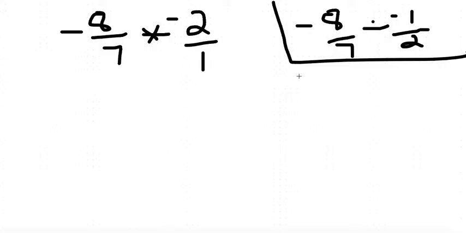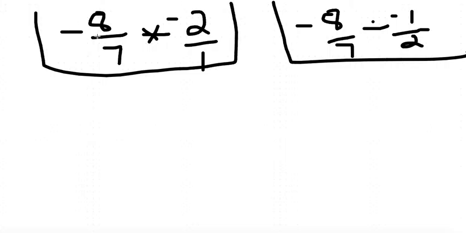Sorry for my handwriting. So now, since we already have the simplified expression, we are going to do 8 times 2, which is equal to 16, over 7 times 1, which is equal to 7.